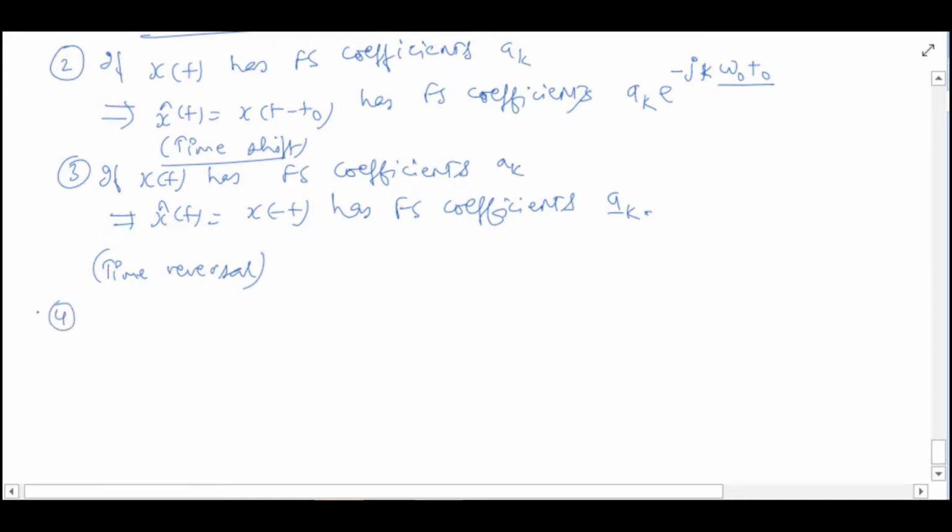The next property, well, this is a property that we have already seen, but let me put it again for recollection.